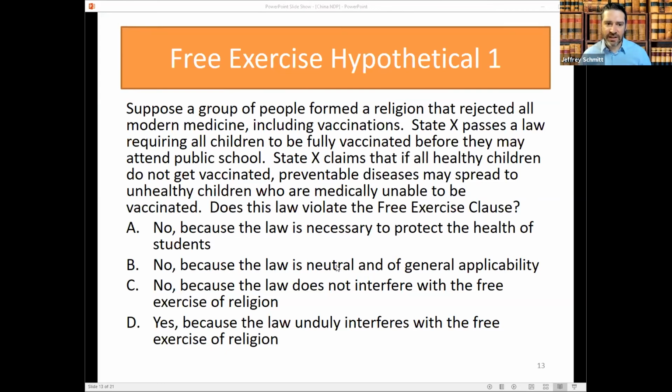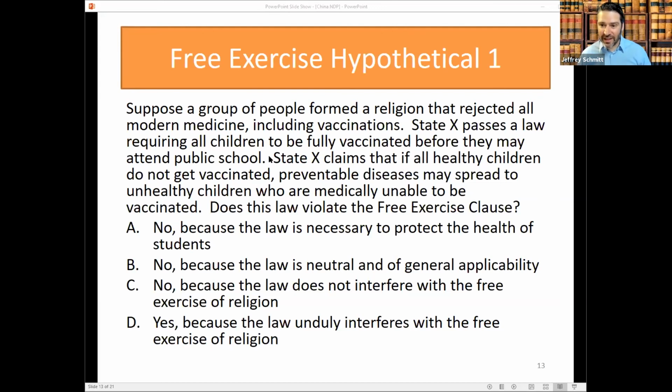As long as the law is neutral, meaning it is not targeted at the religion, the government is not passing this just to hurt those people. It's a general law. It applies to everyone, general applicability. It's not just applying to this religious group. It's constitutional. A is, the setup here to explain it a little bit, right? We have a vaccination law. Everyone has to get vaccinated.